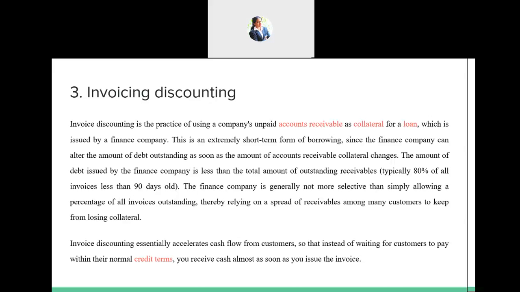The amount of the debt which the finance company uses is always less than the total amount of outstanding receivable. Usually it would be 80% of the invoices that are less than 90 days old.